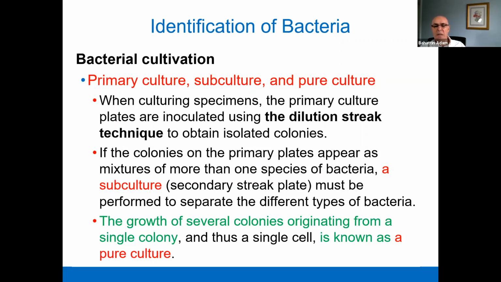Only one single cell grown in the appropriate medium is known as pure culture. Okay, now, primary culture, if needed subculture, and then pure culture. There are different types of bacterial cultivation.